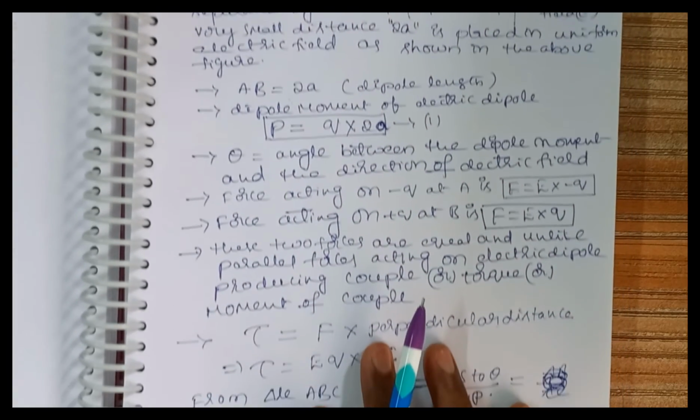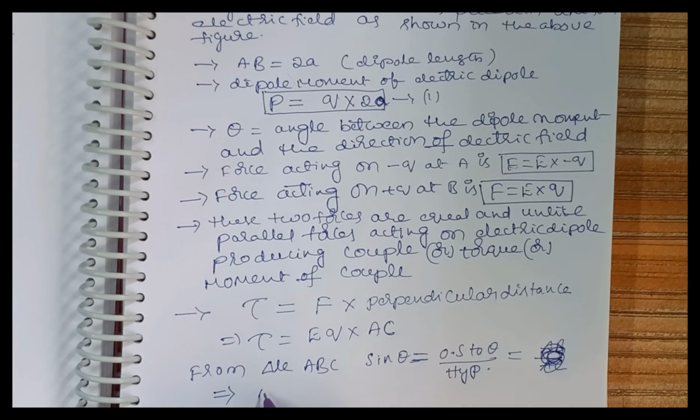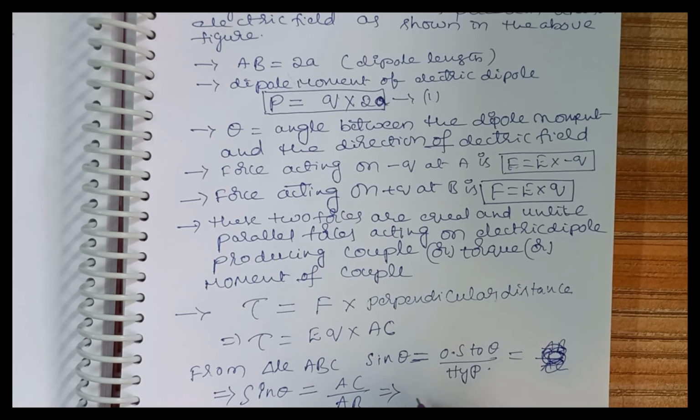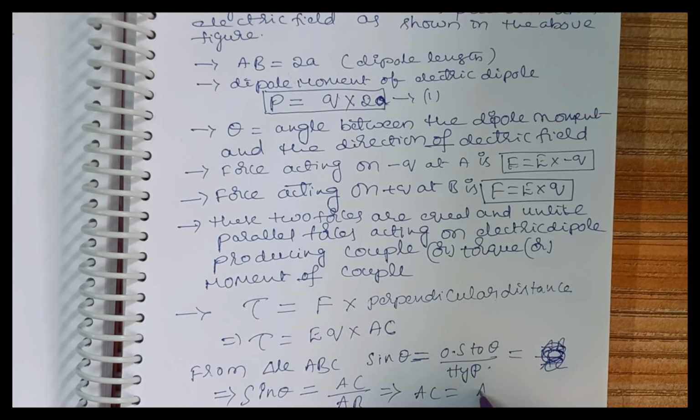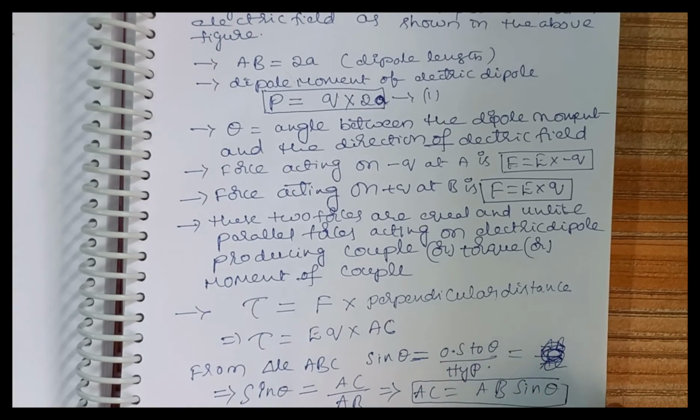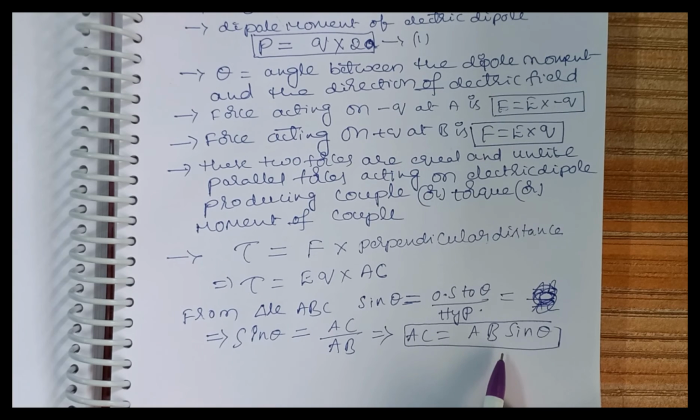So that is why this implies sine theta is equal to AC by AB. So then AC is equal to AB sine theta. AC is equal to AB sine theta.